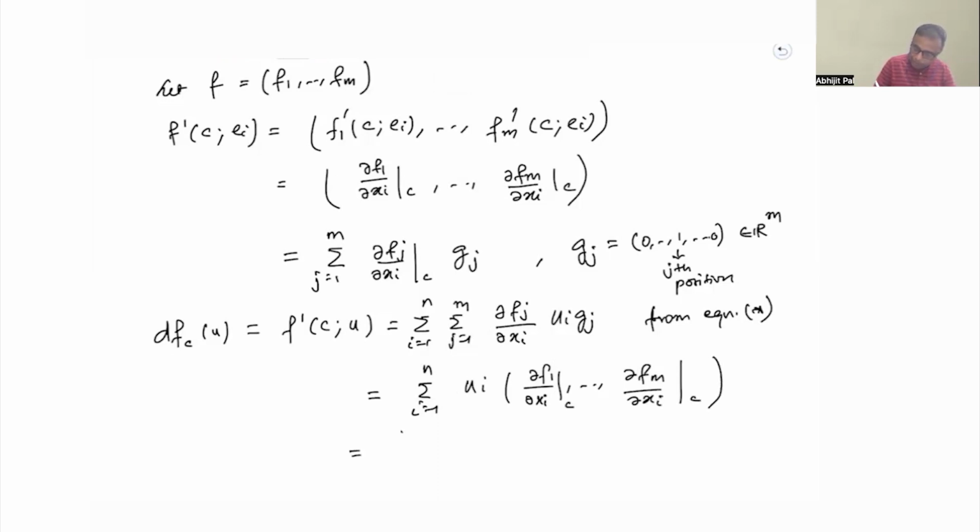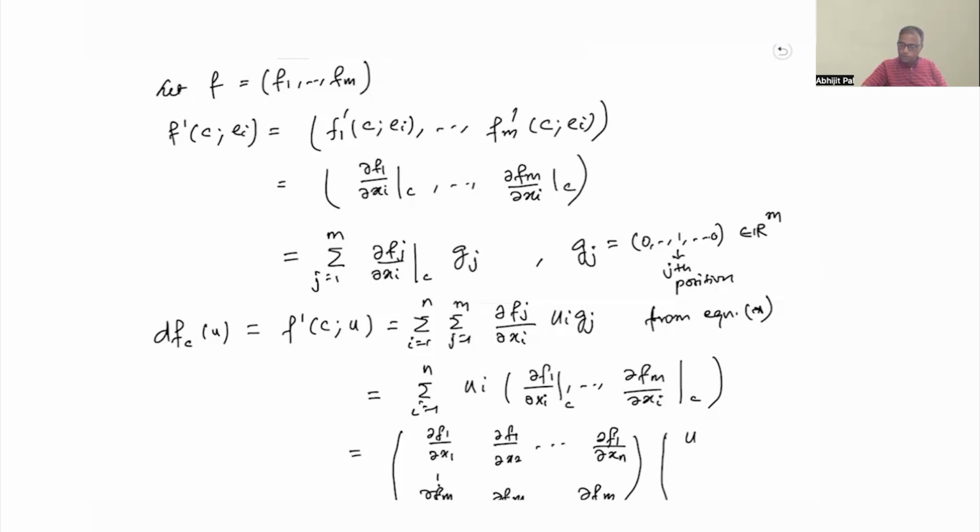Which is the same thing as if you take this matrix, of order m cross n, and multiply with this column vector, of order n cross 1.